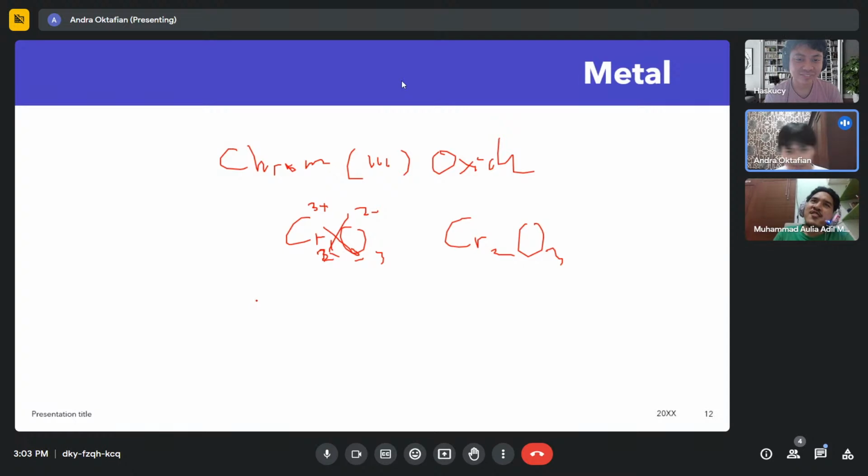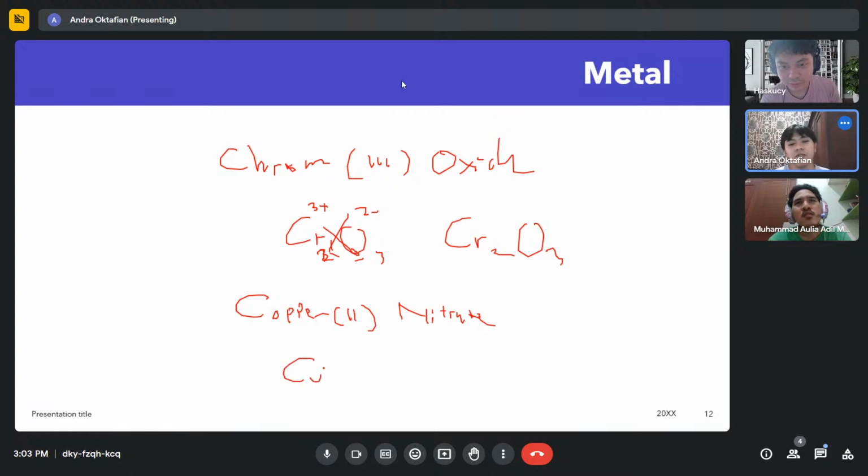Lastly, I will make it quick. For example, copper, cuprum, copper two nitrate. Cu nitrate, NO3.